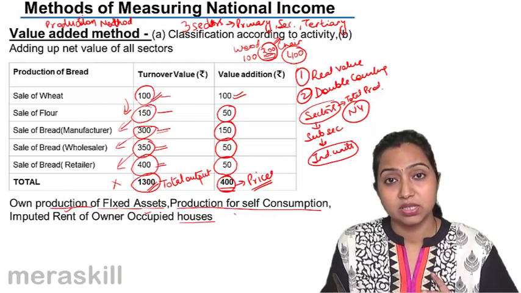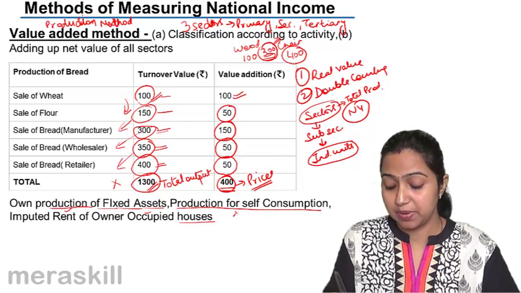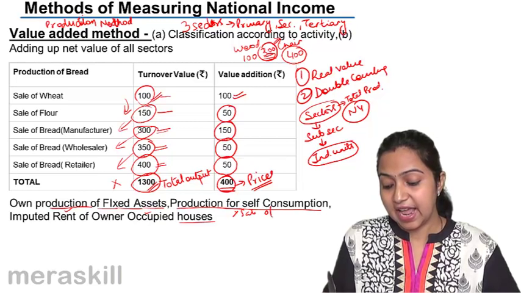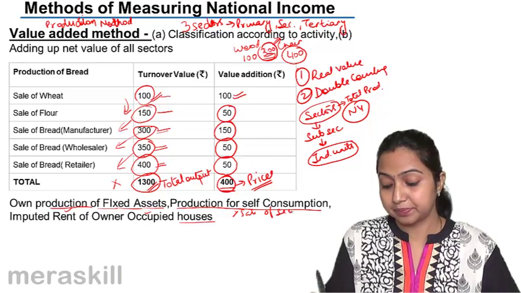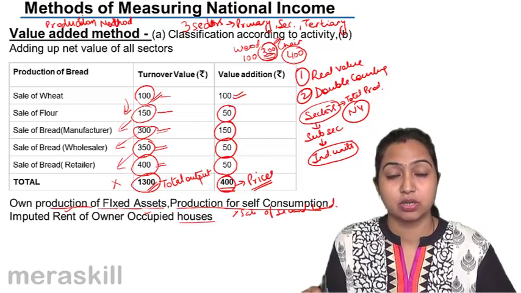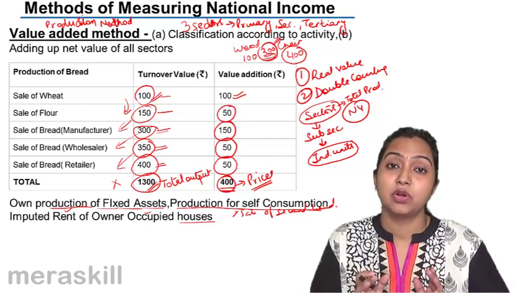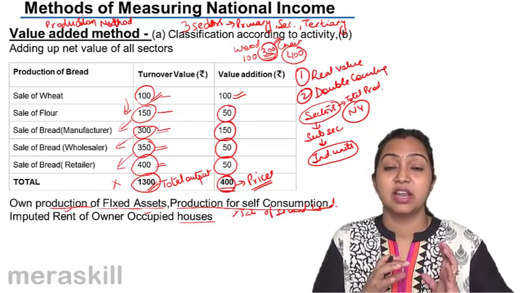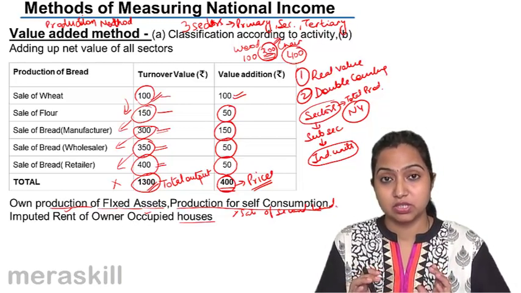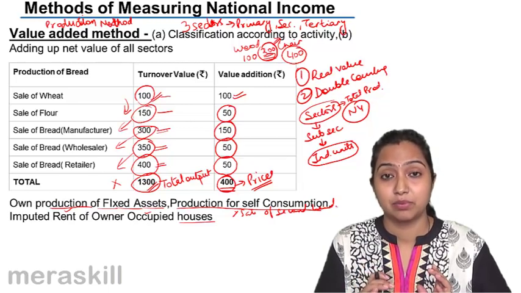Along with this, two other things we need to keep in mind. Sale of second-hand products cannot be taken into consideration because their production was done in some previous year and it has already been accounted for. So you cannot take into consideration the sale of second-hand products.